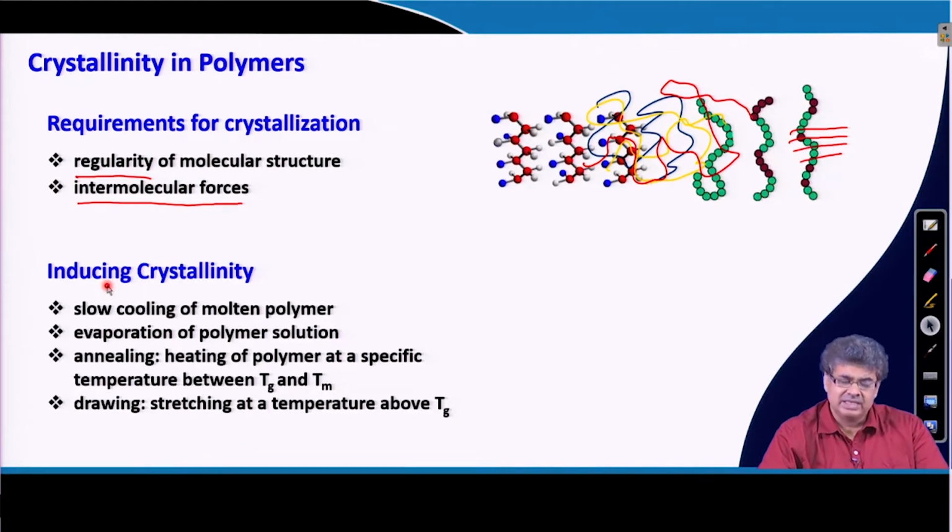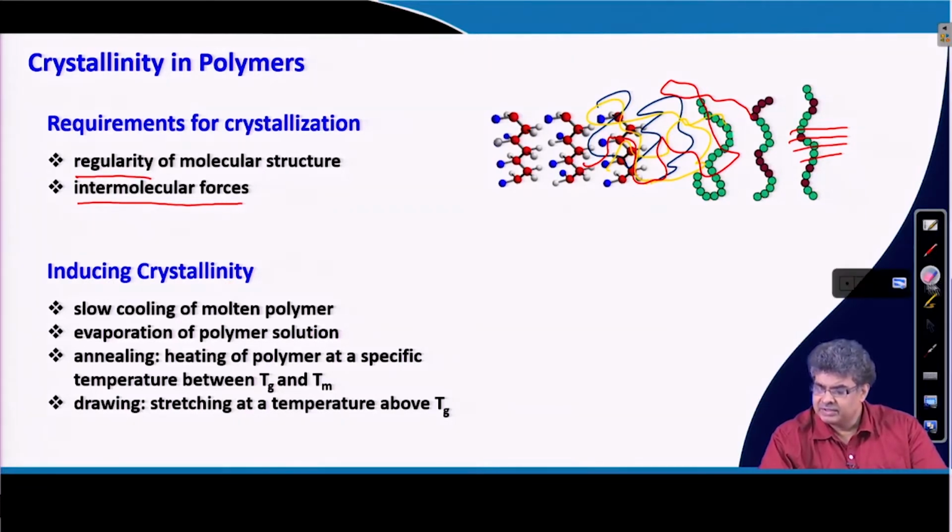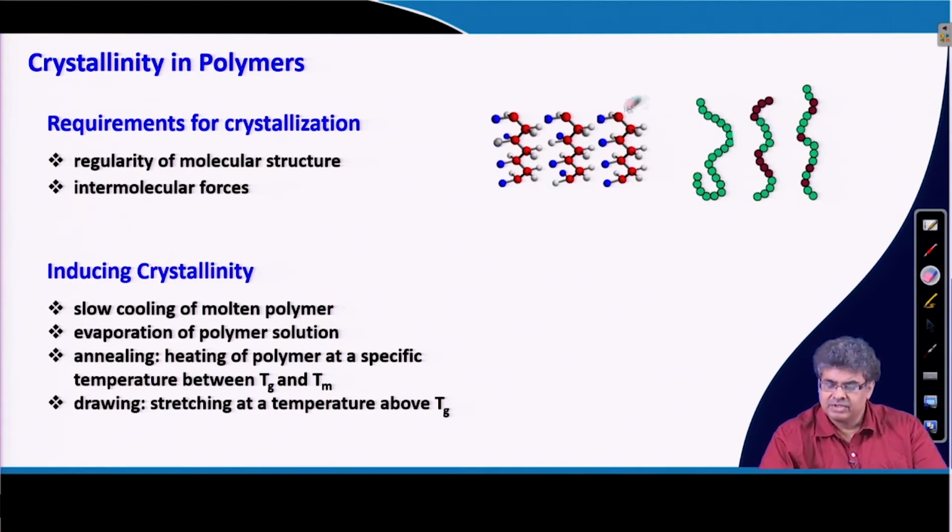Now, there are other indirect ways also we can introduce crystallinity. Before that, if we compare the crystallinity of a homopolymer, a block copolymer and a random copolymer, obviously because of the structural regularity, homopolymer and block copolymer will crystallize more easily, whereas the random copolymer is very difficult to crystallize.